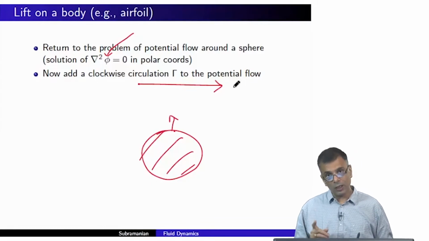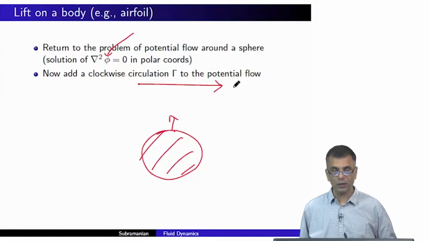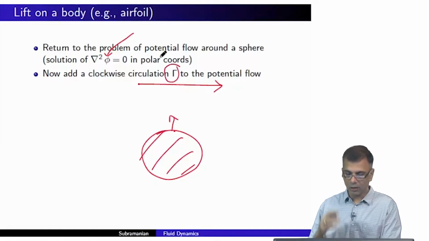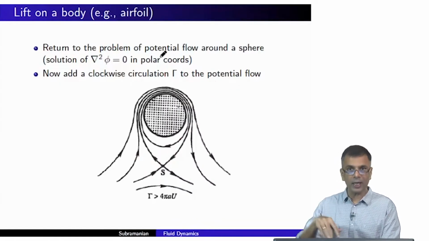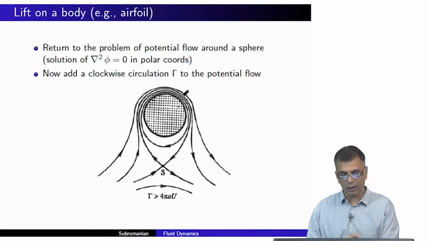Now the only difference in the treatment is that we are adding a clockwise circulation to that solution. So by hand we are forcibly adding a circulation to the flow. You have seen this diagram before.